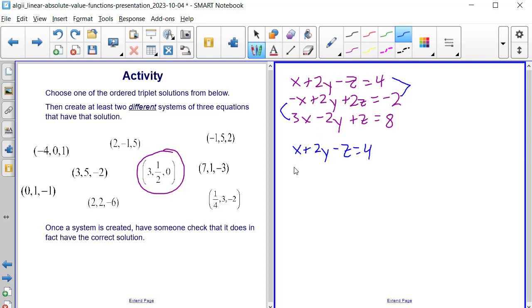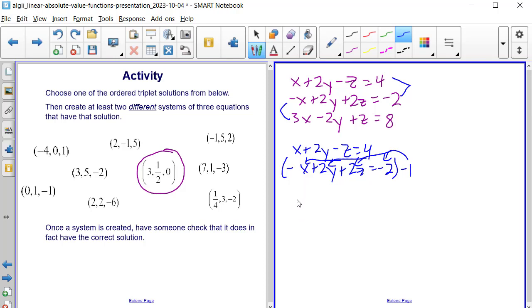And I'm going to multiply this bottom equation of this set by negative 1 so that my 2 y's cancel out. So I have negative x plus 2y plus 2z equals negative 2, and I'm multiplying this whole thing by negative 1. So I'm going to distribute it through.